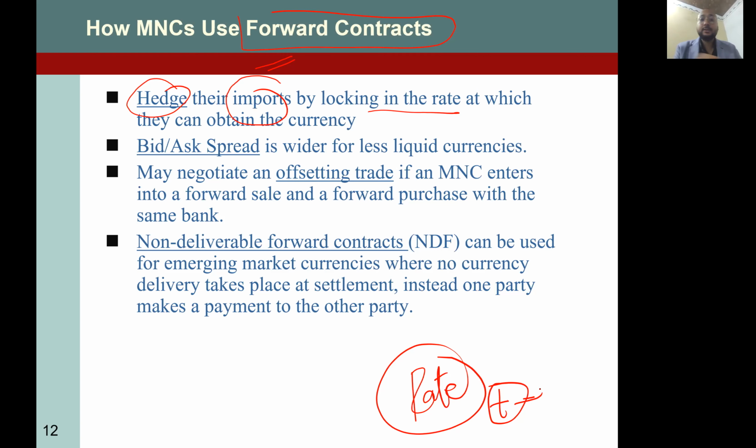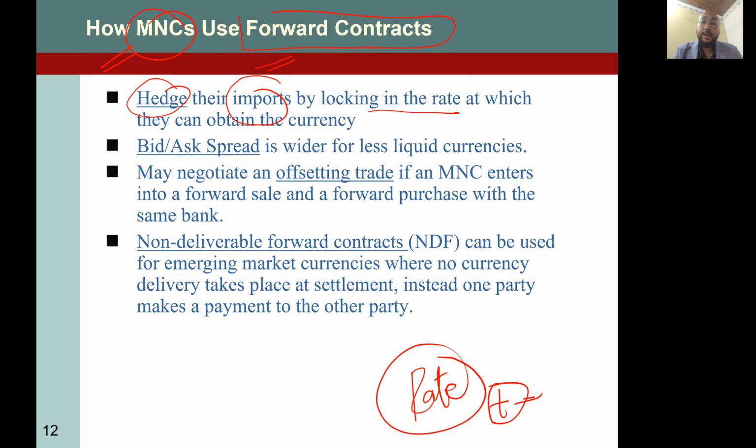So MNCs use the forward contracts to hedge their imports, right? Because MNCs need to buy raw material and pay money in the foreign currency, right?